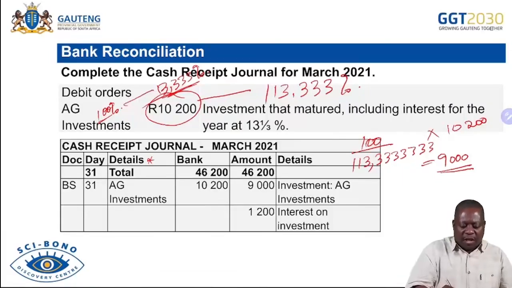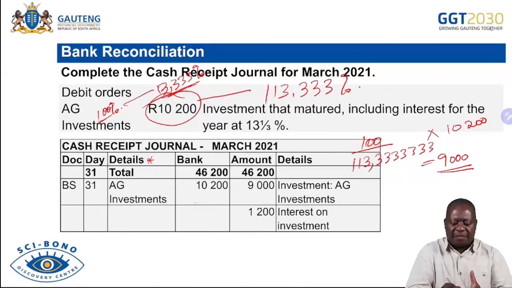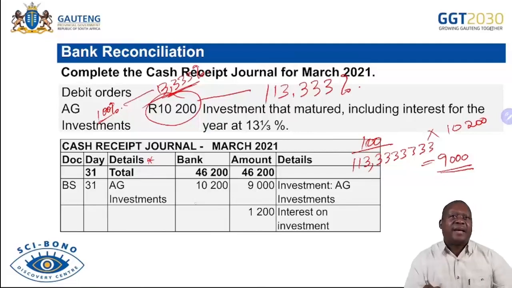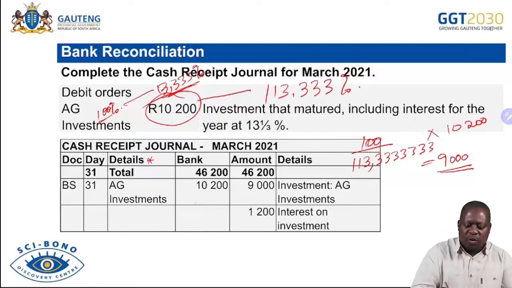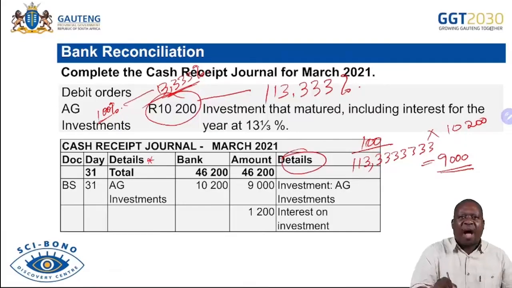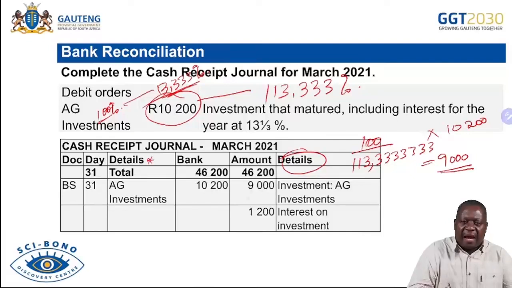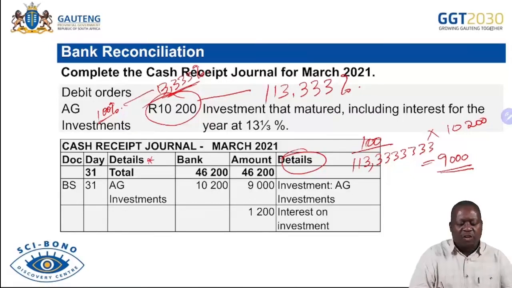So we check how much are we receiving? 10,200. And now, we cannot record 10,200 when it comes to the sundry part. We are going to separate it, because we want to answer the question, what is this money for? Why are we receiving this money? So we need to specify. We are going to say the 9,000 is an investment from AG Investments.